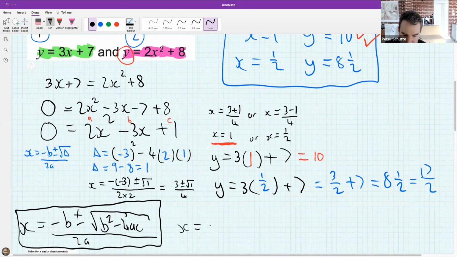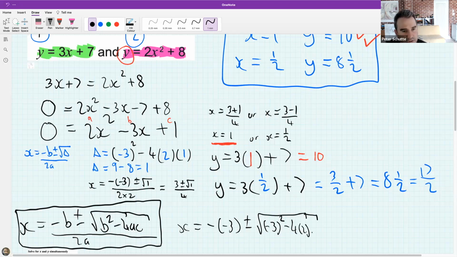Okay, so if you do it like this, looking at this equation, you'd go minus minus 3, plus or minus the square root of minus 3 squared minus 4 times 2 times 1, over 2 times 2.